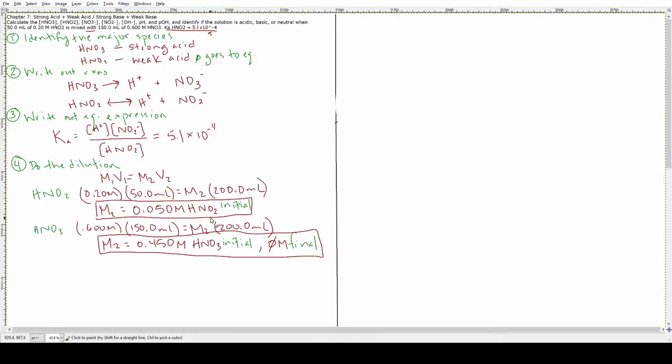Same thing with our nitrates, we just don't know. However, we do know that our nitric acid is completely used up, which means we should be able to figure out the concentration of our hydrogen and our nitrate ions. We have a 1-to-1 ratio between hydrogens and nitric acids and nitrates and nitric acids, so these concentrations are just going to be exactly the same.